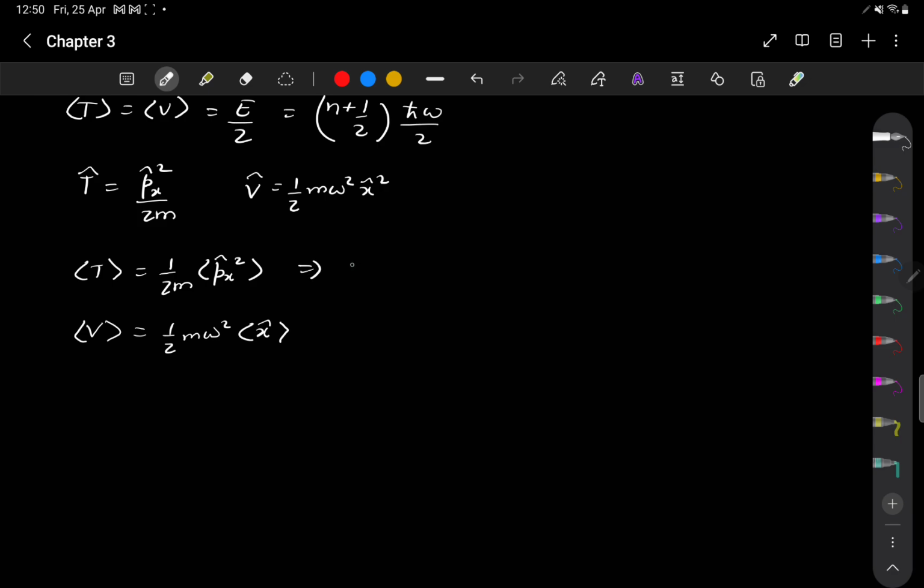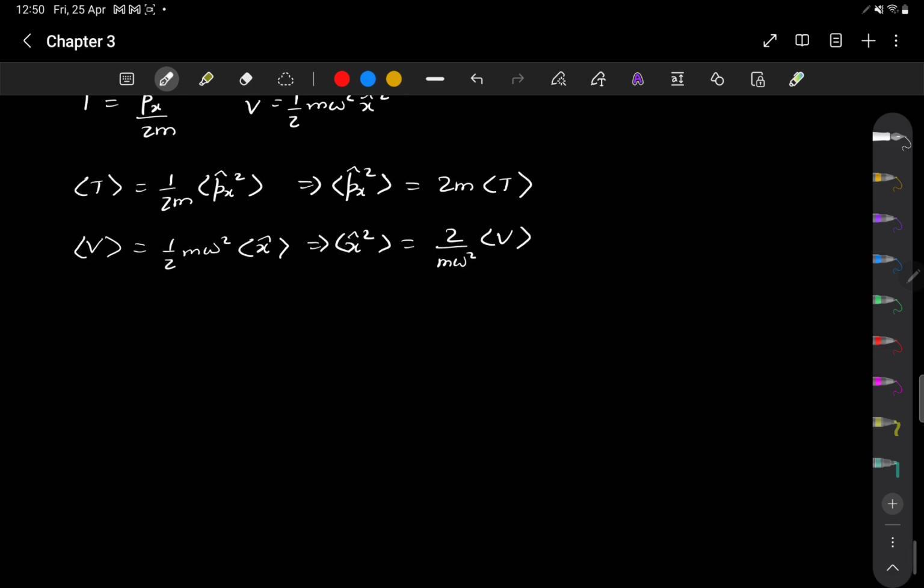So this implies the average value of p squared is 2m times the average value of kinetic energy, and the average value of x squared is 2 over m omega squared times the average value of potential energy.